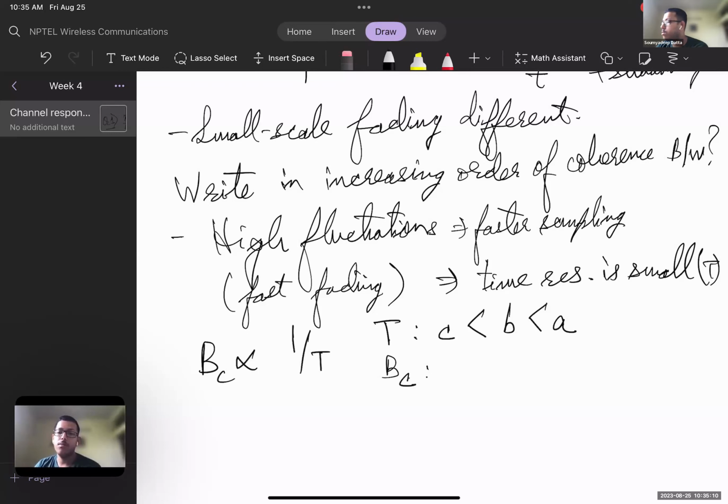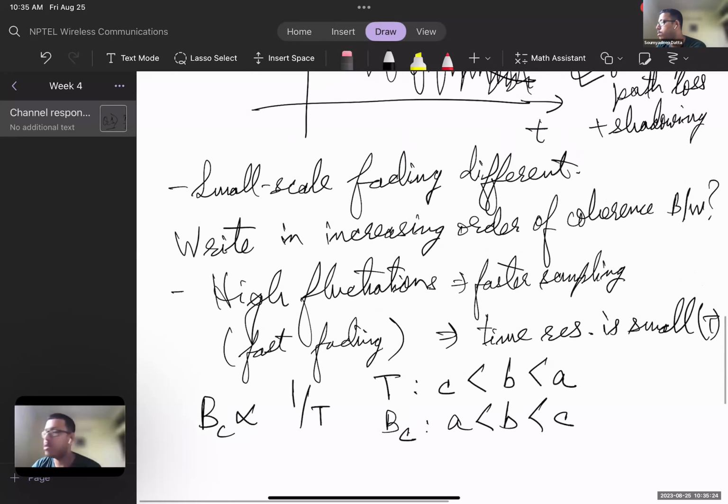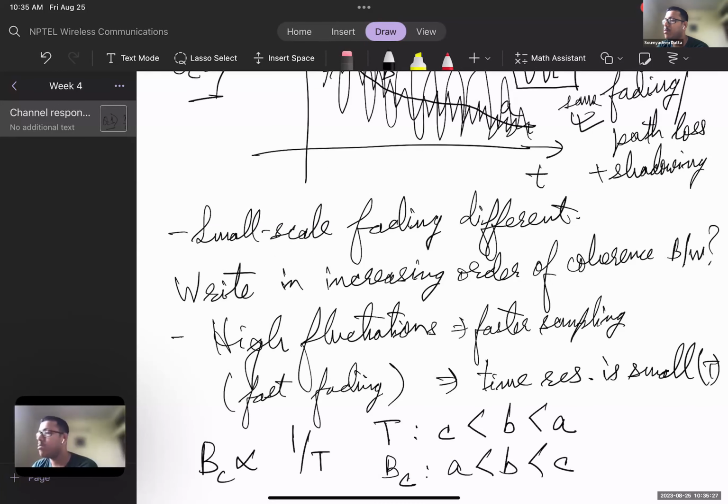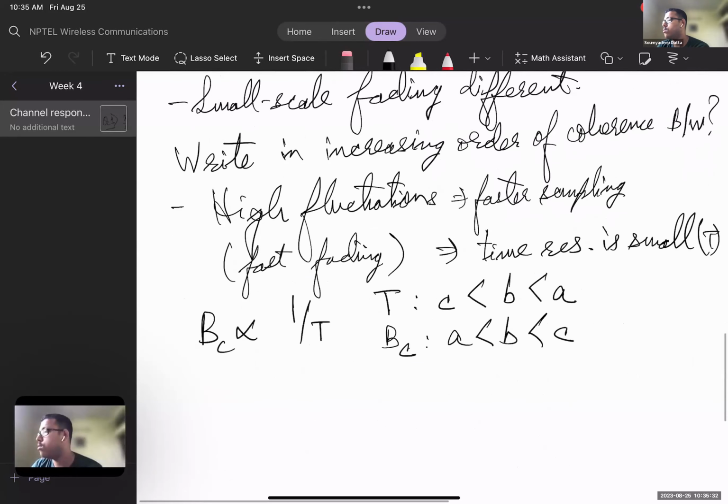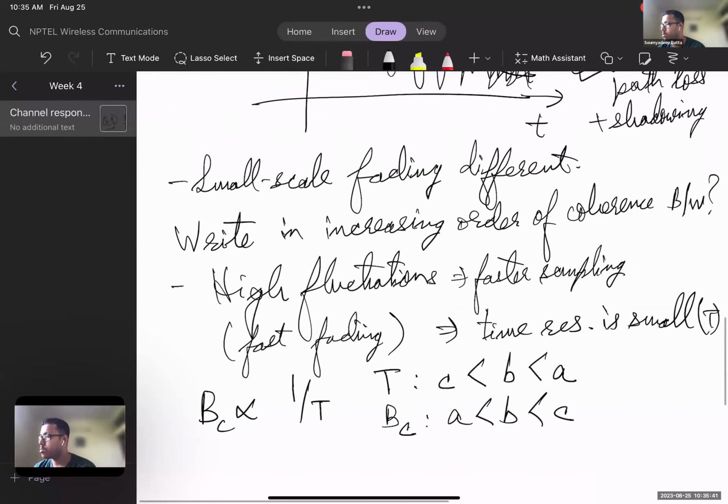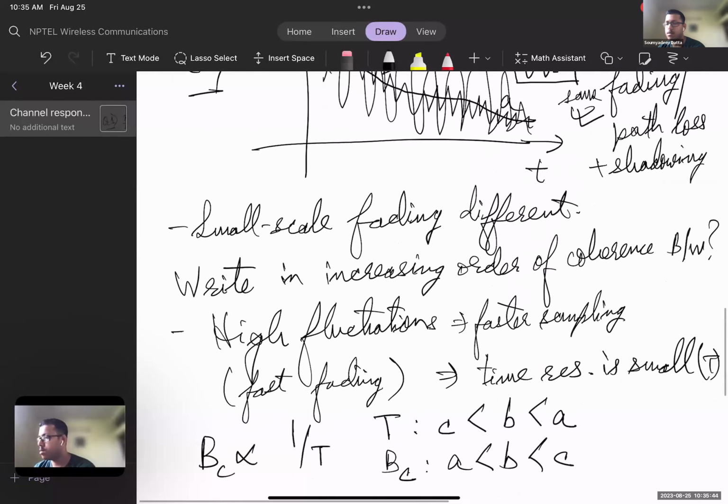So for that I need to flip the order, and so it will be A less than B less than C. So these kinds of tricks are there. You need to carefully check whether the question is asking about time resolution order or coherence bandwidth order. So yeah, this will be the correct answer.